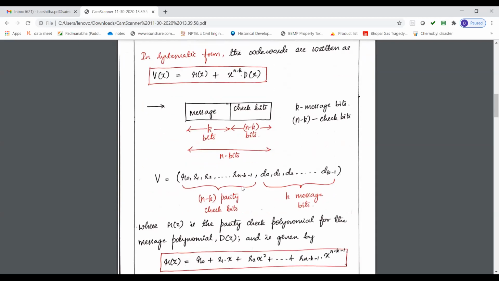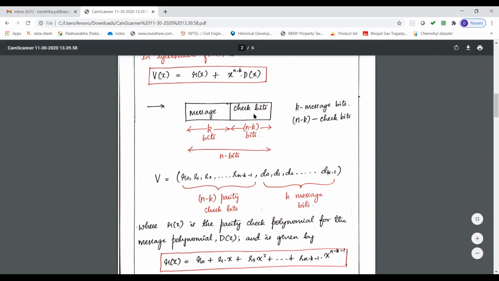Basically, this binary cyclic code is represented like this: first will be your message, followed by the check bits. For an (n, k) linear block code, k indicates the length of the message, so the message is k bits and the length of the code word, message including the check bits, is n bits.